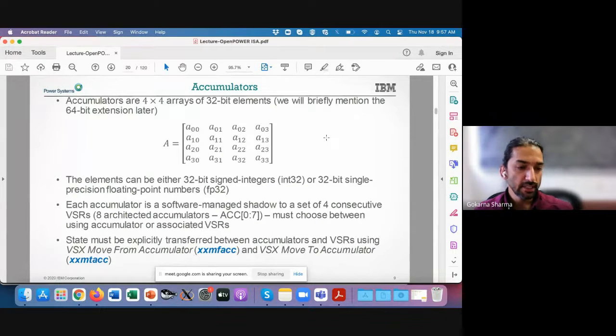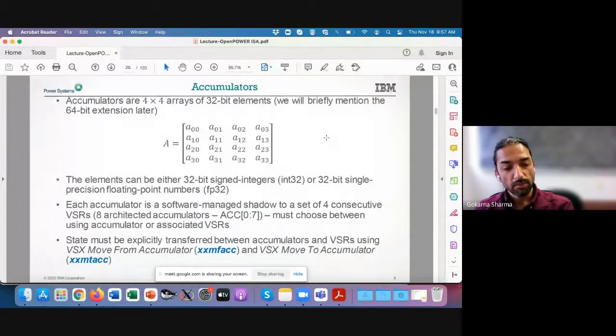And you can explicitly transfer between accumulators and VSRs using these functions. When you write an accumulator, you are using these 4 VSR registers and putting the information there. Then you say, now I'm treating that as an accumulator, or now I'm treating that register as a vector register. For example, VSX move from accelerator, VSX move to accelerator.